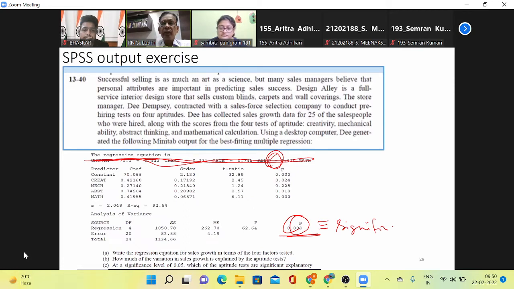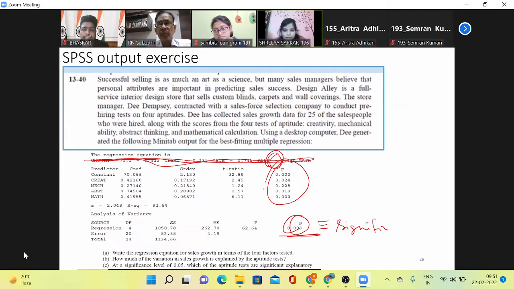Yes. Shreya, what next will we be looking at? So the p-values for the factors. Okay. What is your interpretation? For creativity, it is significant. For mechanical ability, it is not significant.